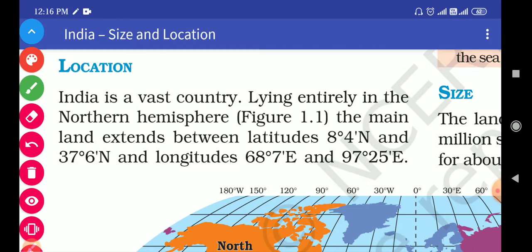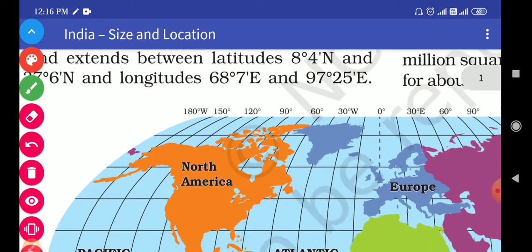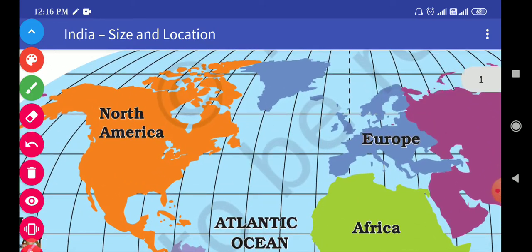Here you might be thinking, what is a minute, as here it is 8 degree 4 minute. So I should also explain this. As you see here, two latitudes are being observed. The distance from one latitude to another latitude has been divided into 60 minutes.